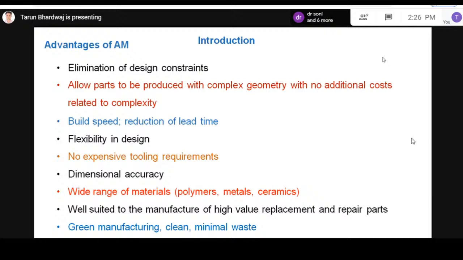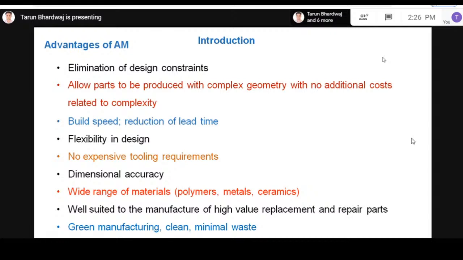So we have to eliminate that design constraint, and that can be eliminated by the additive manufacturing process, and it allows parts to be produced with complex geometry with no additional cost related to the complexity. Meaning if you go to a machining shop and say that you have some intricate or lattice structures, due to their complexity they will charge you more, so that part will be reduced by the additive manufacturing process.